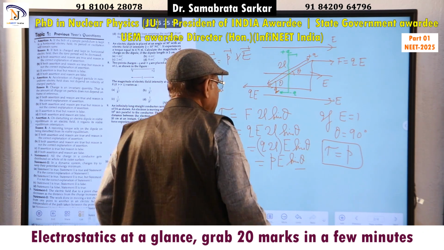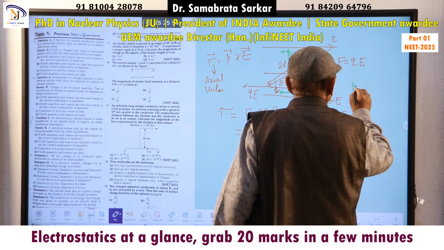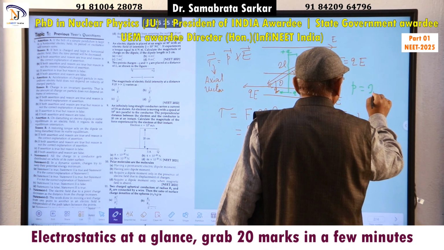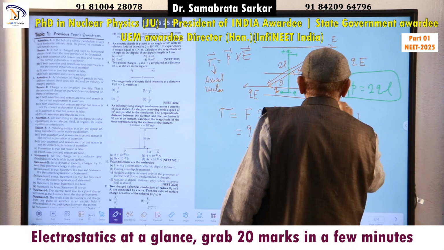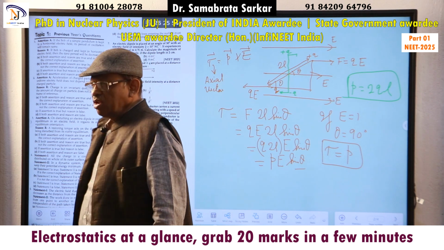So you can write here P equals twice Q into L. Am I clear? Is it tough at all?